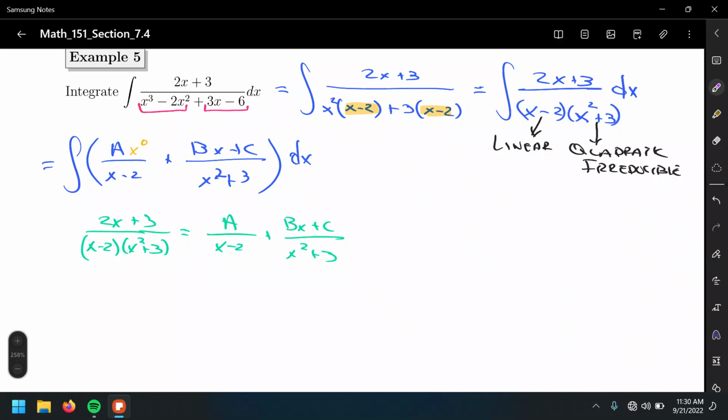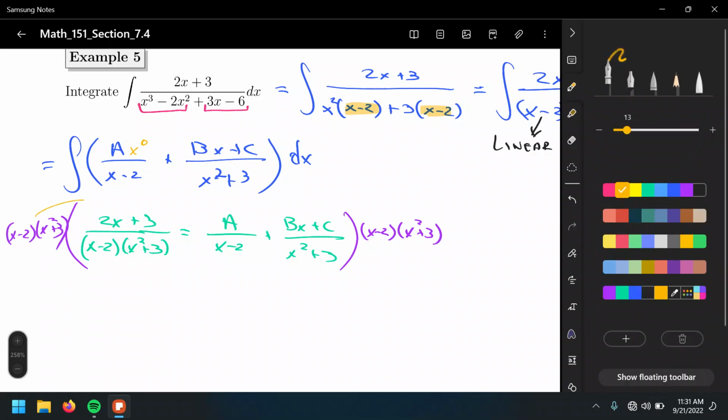Alright, so we need to simplify this equation, and again we multiply both sides by the least common denominator. That is the product of quantities powerful enough to divide out both x minus 2 and x squared plus 3. x minus 2 times x squared plus 3 will do it. Alright, so let's distribute and see what's going to happen. On the left hand side, notice how everything divides out except the 2x plus 3, which will survive over here.